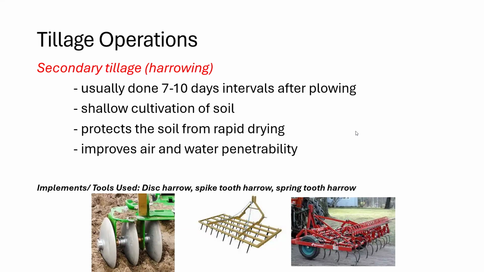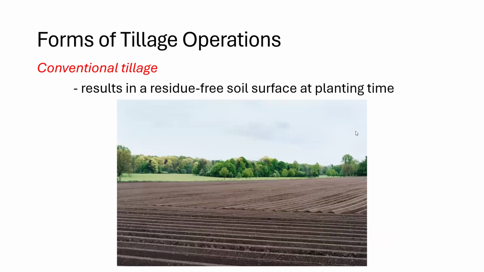Okay, now let's proceed to the different forms of tillage operations. So una dyan ay yung ating conventional tillage. Conventional meaning this is what we usually practice in our fields. So in conventional tillage, it results in a residue-free soil surface at planting time.